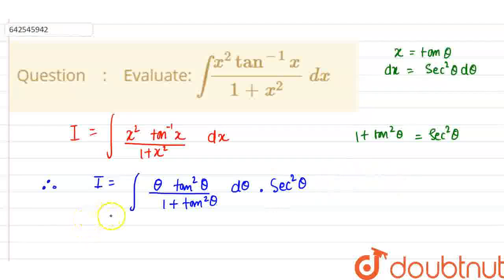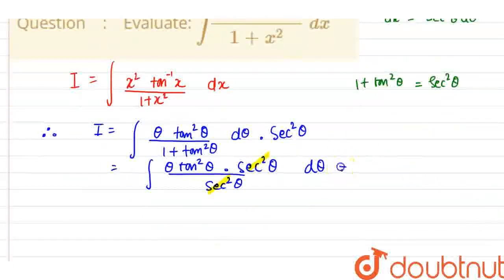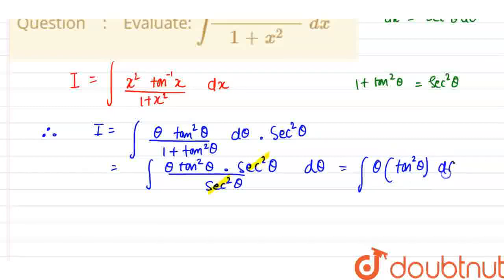So now this is equal to the integration of theta tan square theta into secant square theta divided by 1 plus tan square theta, which is secant square theta, d theta. So guys, we cancel this secant square theta with that secant square theta. Now we are left with only the integration of theta tan square theta d theta, right guys?